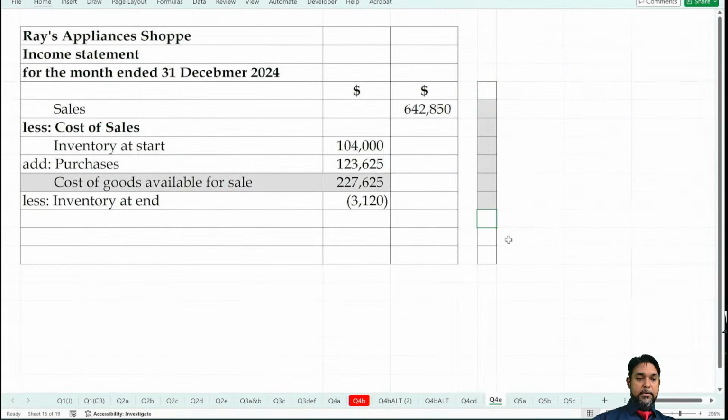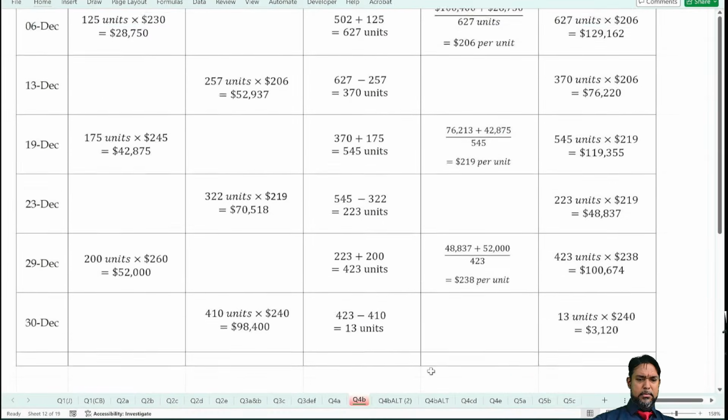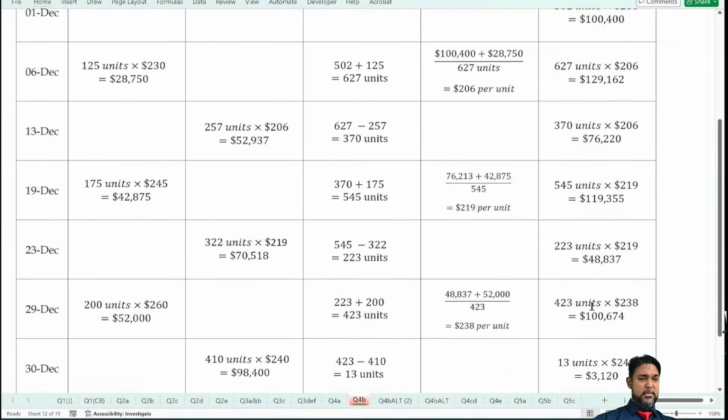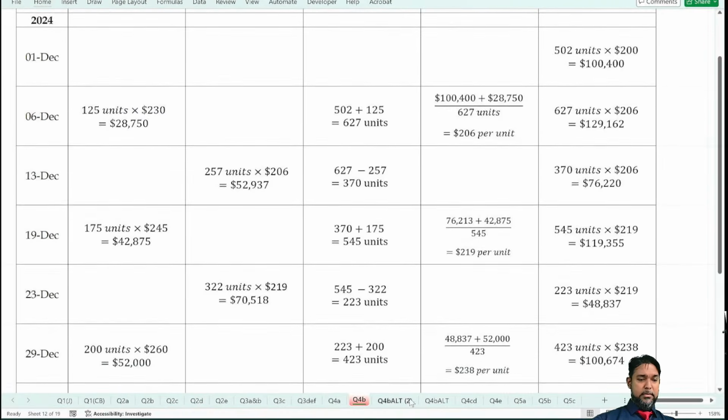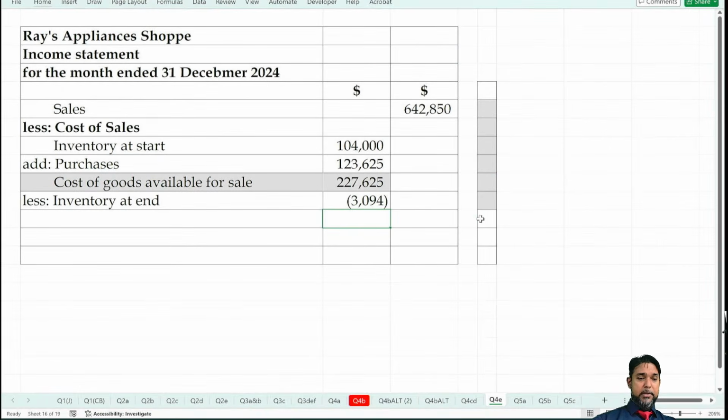Wait, where is that from now? 3120. Hold on, why did I have 3120 there? Okay, no, forget that. We got 3,094, right? We'll use that. All right, and then 224.